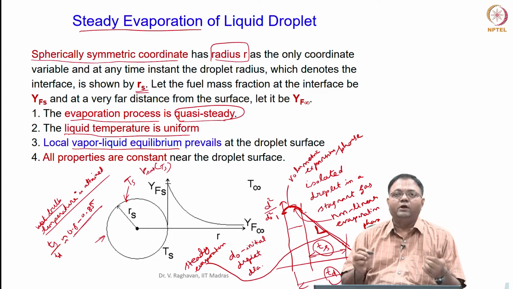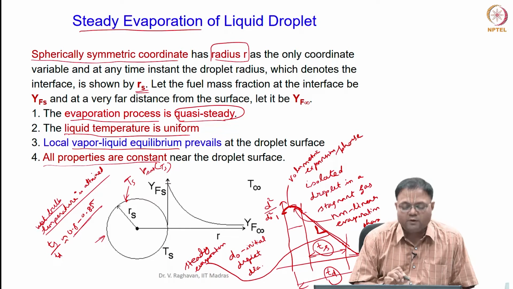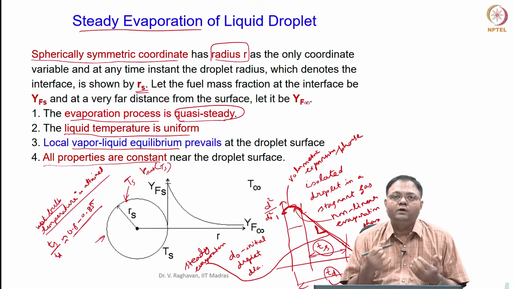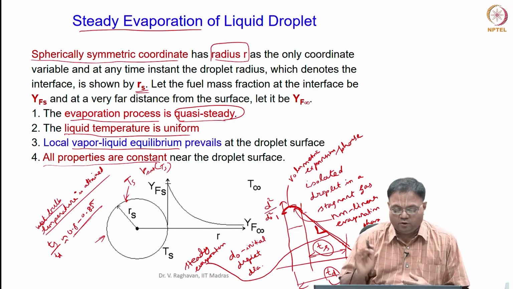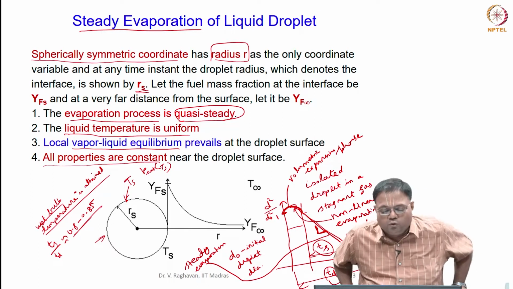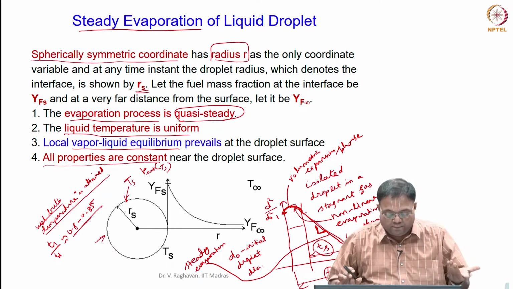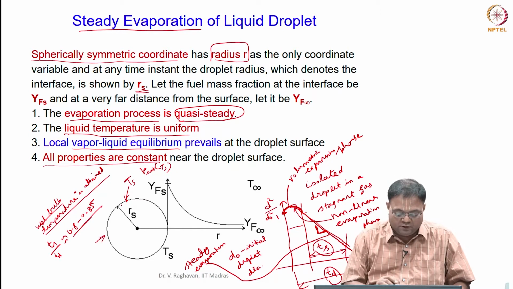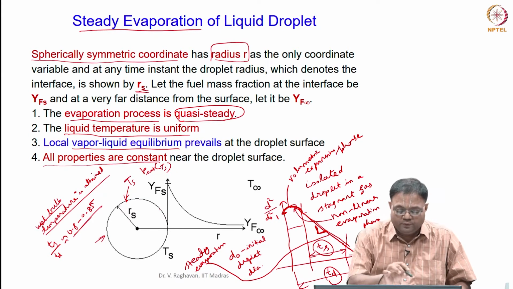So equilibrium vaporization occurs. Constant properties is an assumption we have to make to reduce the complexity of the problem. So all properties are constant. This particular analysis will be helpful, and we are going to do this for droplet combustion also. So the vaporization is spherically symmetric.